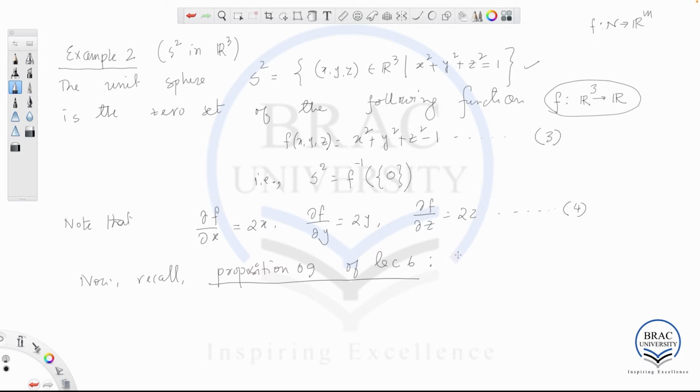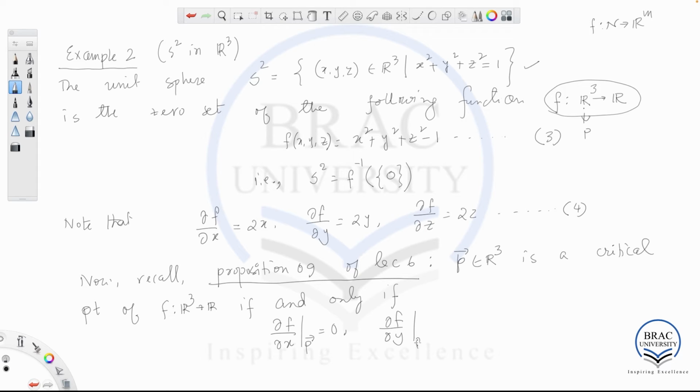Using that proposition, we know that P in R3 is a critical point of this function f from R3 to R if and only if all the partials are identically 0 at that point P. Del f by del x at P is equal to 0, del f by del y at P is equal to 0, and del f by del z at P is equal to 0.